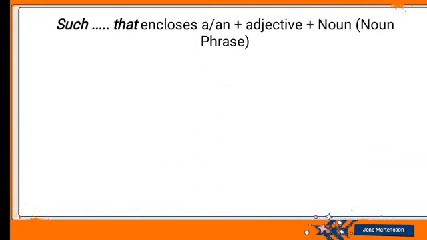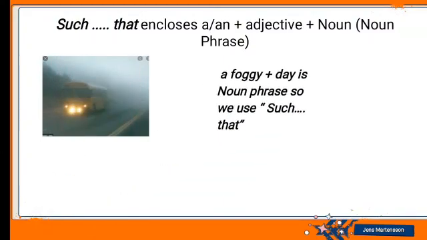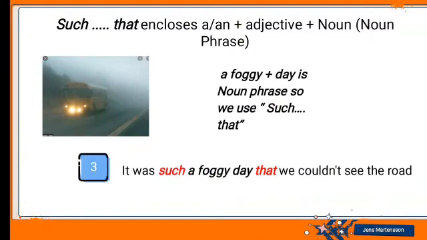Such, blah blah blah, that encloses article a or an plus adjective plus noun, or we call it a noun phrase. It was such a foggy day that we couldn't see the road. A foggy day is a noun phrase, so we use such that.